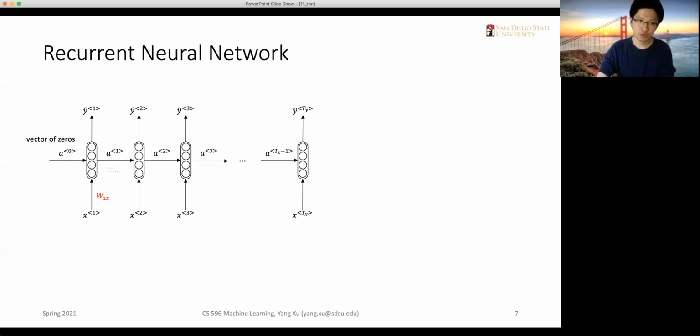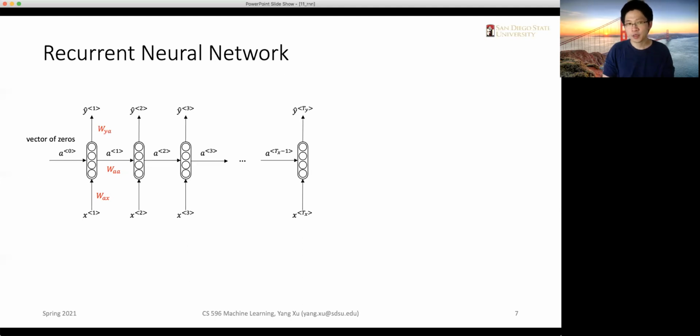There will be a second weight matrix, WAA, whose function is to take the previous activation as input and generate some output. The network now has to handle two parts of the inputs, not just from x, but also from the previous A, so it makes sense to have two sets of parameters. WAX handles the actual inputs from x, while WAA handles the previous activation, which is the historical information.